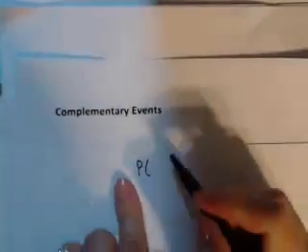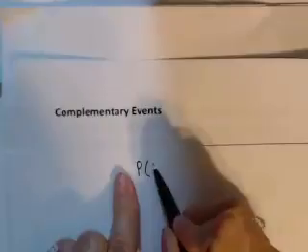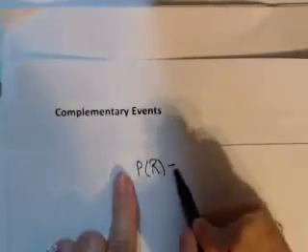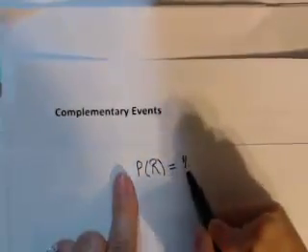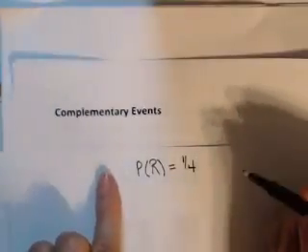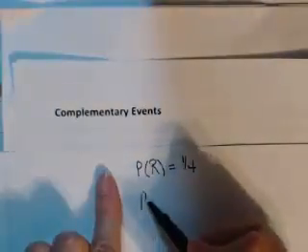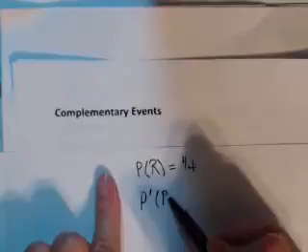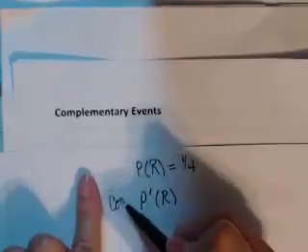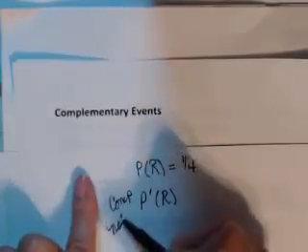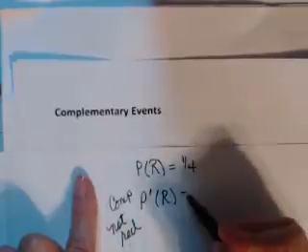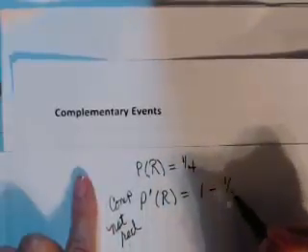Another term, complementary events. If I know that the probability of spinning a spinner and getting red is 1/4, then I know that the probability of not getting red, which is the complement, not red, would be 1 minus 1/4.